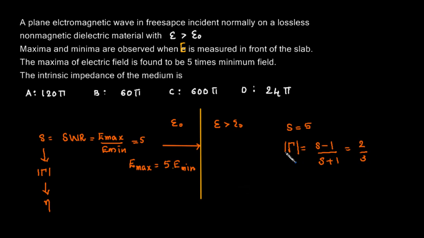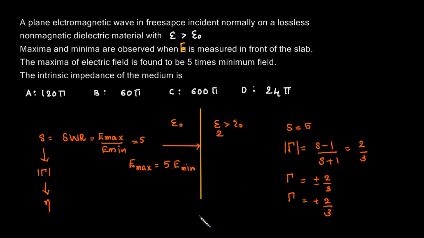Now this is the modulus of gamma, so the value of gamma can be plus or minus 2 by 3, but here it is clearly given that the permittivity of medium 2 is greater than that of medium 1. So the correct value of gamma when the medium 2 is greater in permittivity is plus 2 by 3. So we have found out the value of gamma. So gamma is plus 2 by 3.